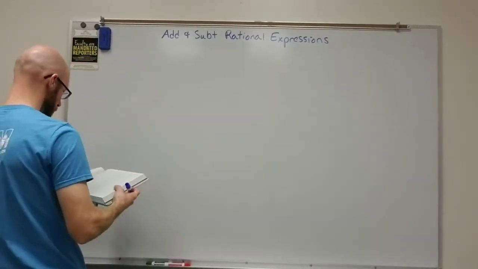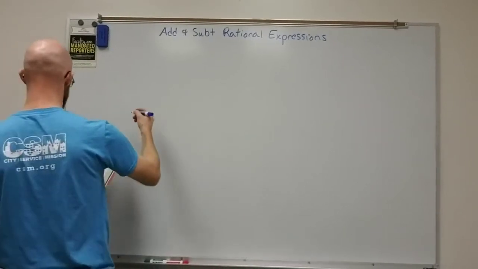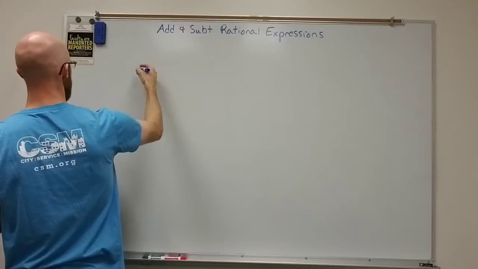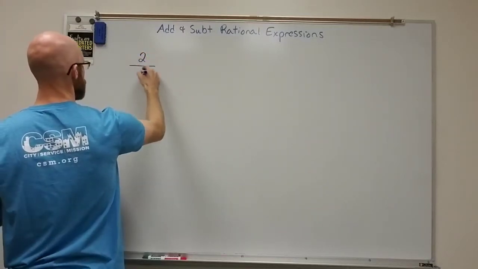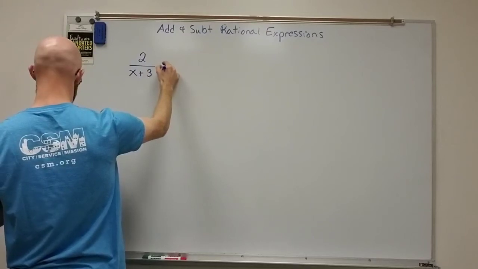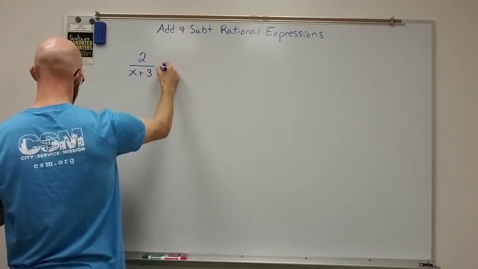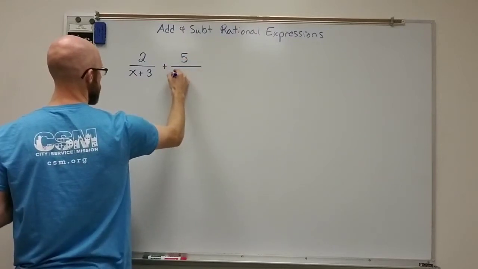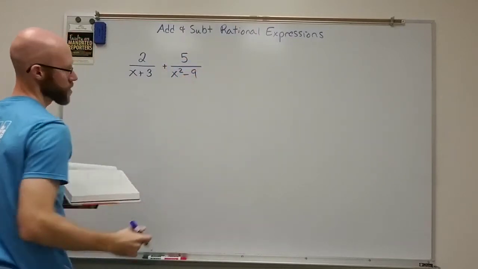Grab a couple where we have to do a little more work. Something like 2 over x plus 3 plus 5 over x squared minus 9.